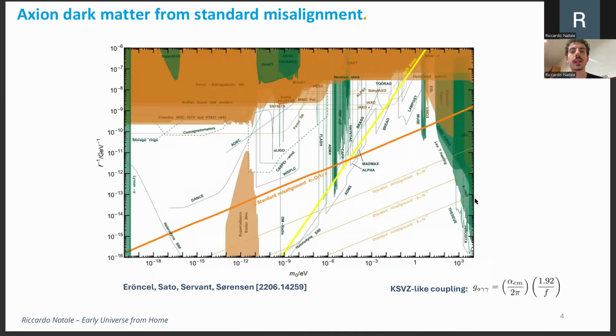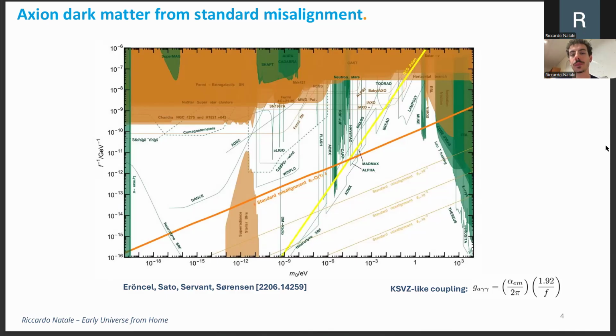So if we look at the ALP parameter space, where on the x-axis there is the axion mass, and on the y-axis there is the axion decay constant f_a that we can relate to the axion-photon coupling, for example, then we see that we can draw this orange line in which the axion dark matter abundance produced from standard misalignment accounts for the full observed dark matter.